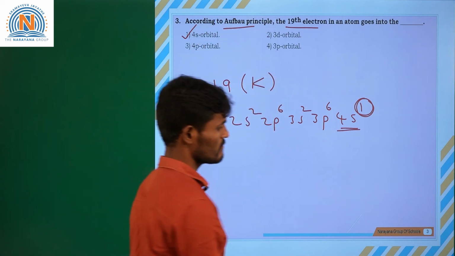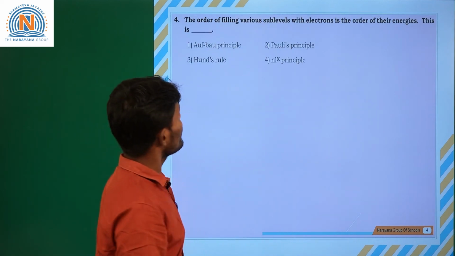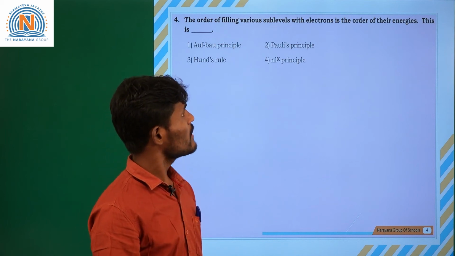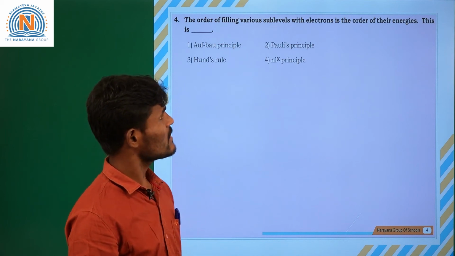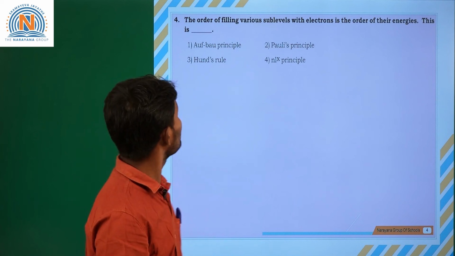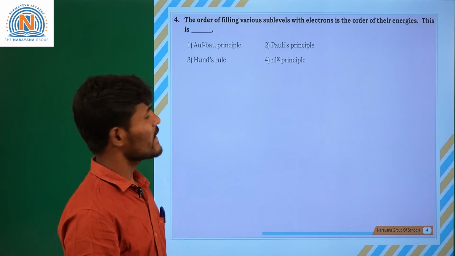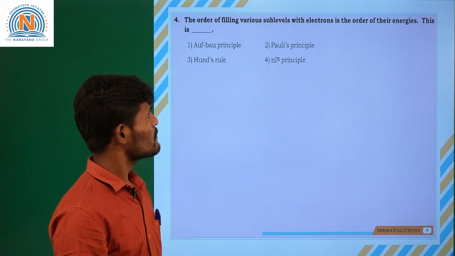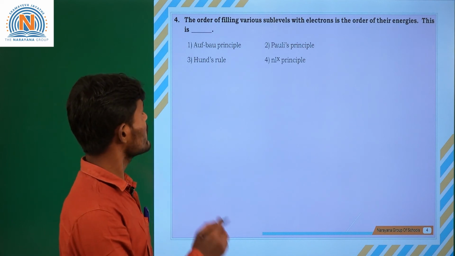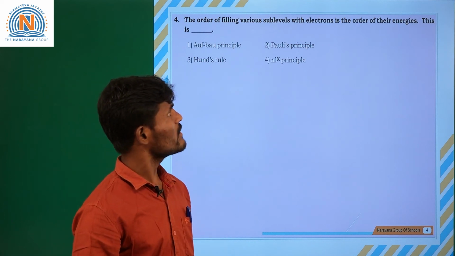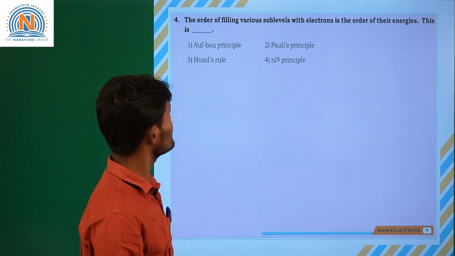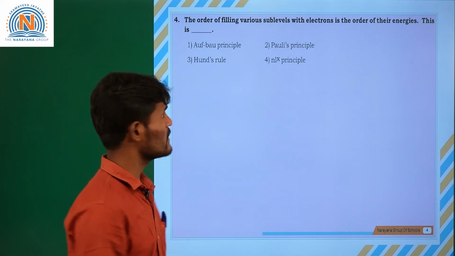Next, fourth question. The order of filling various sublevels with electrons is in the order of their energies. What is this principle called? This is called the Aufbau principle.